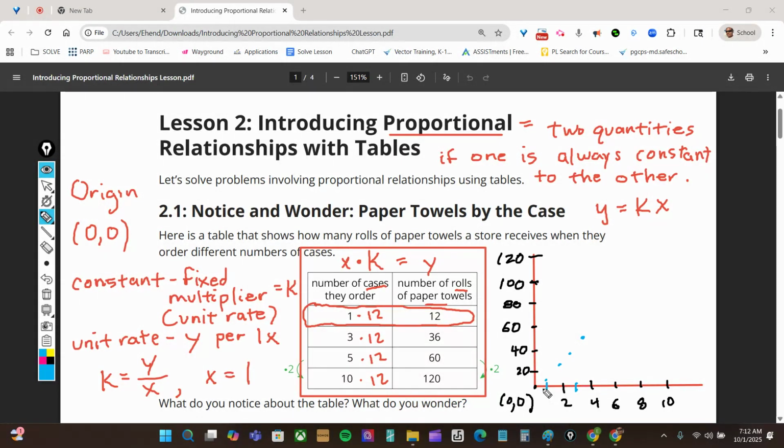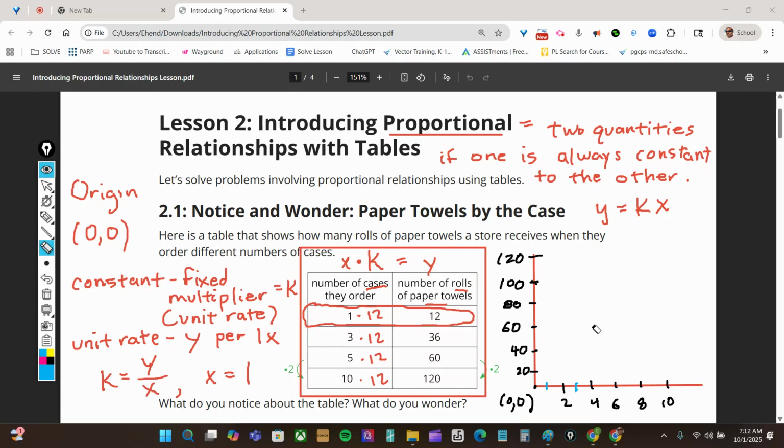So in this case, we're talking about cases and rolls of toilet paper. Okay, so now you've added a story to your multiplications, and then ultimately you're going to create a visual representation of that.